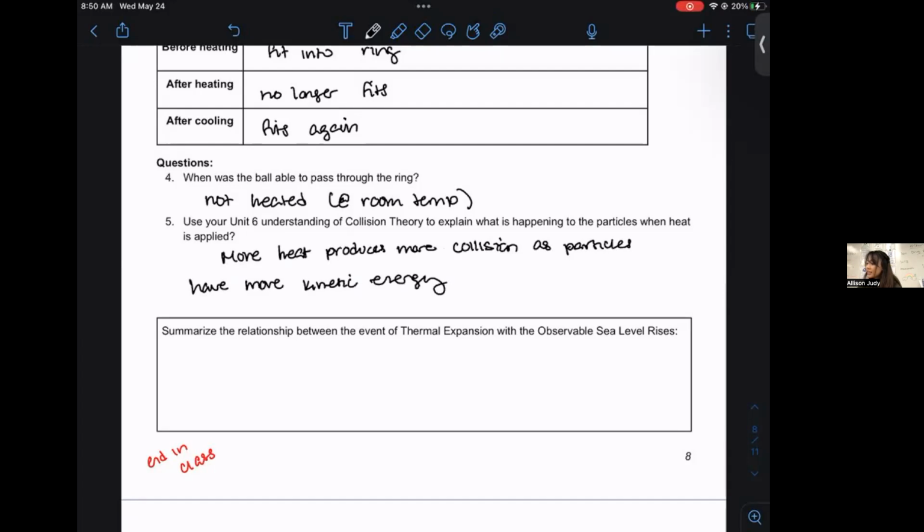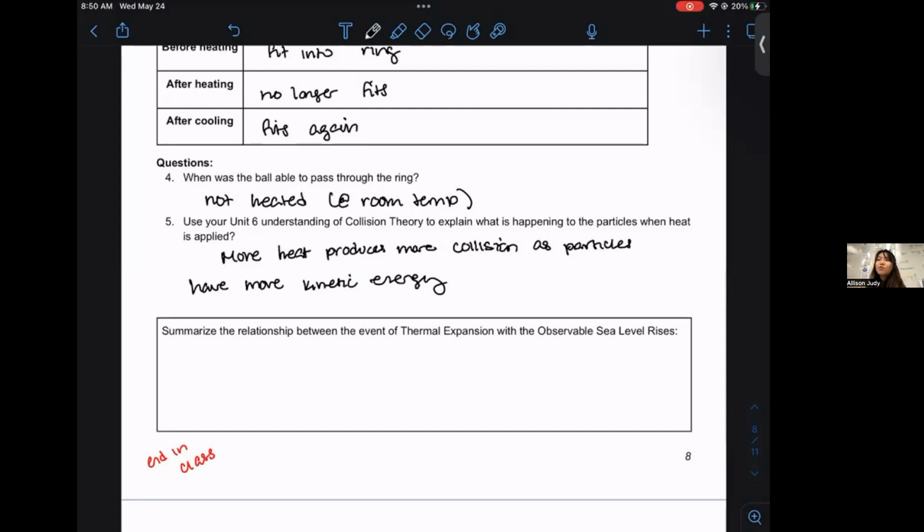So that's a great, let's isolate. This question was particularly, I think, just heat and thermal expansion. And then you started working in the summary part of connecting it to sea level rise. But absolutely correct. So as you have more heat, or what you see is when exposed to heat, okay, you're gonna see that the particles collide more because when exposed to heat, they absorb that heat energy, using it to increase their kinetic energy, creating more collision, creating more pressure buildup between the particles, right?